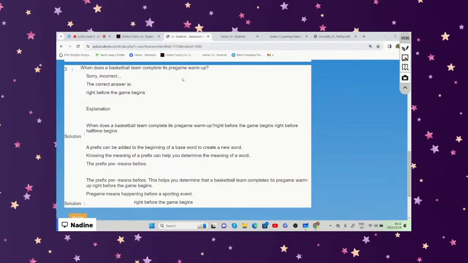And that is pre-game warm-ups, meaning before the game. So once again, pre means before, and of course, game.